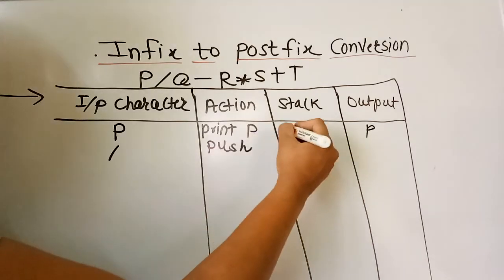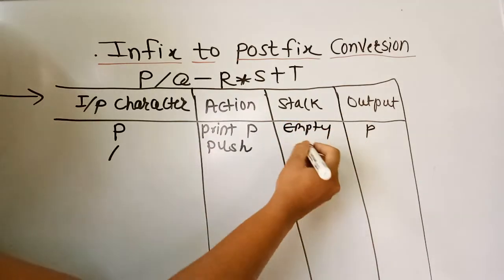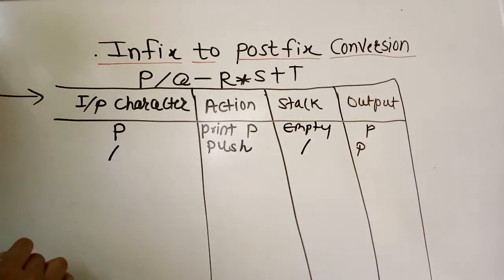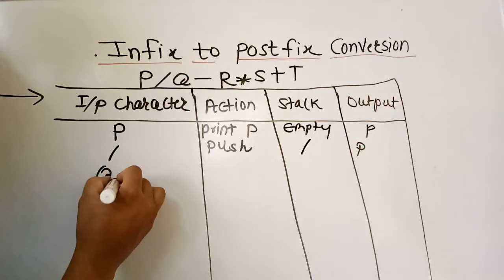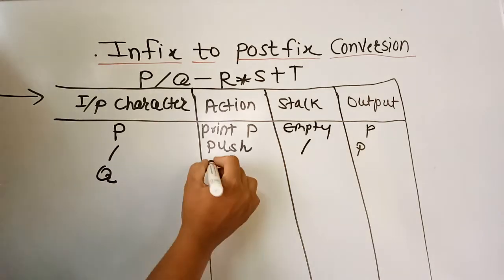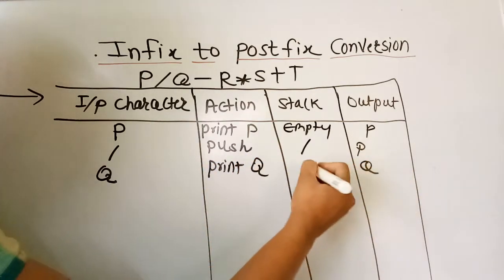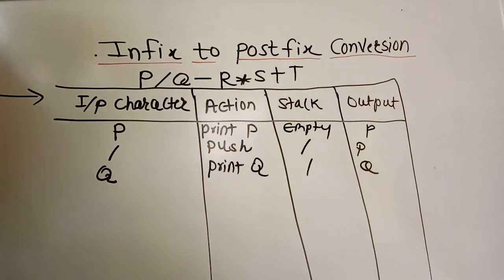We know that operators have their place in the stack, so it will be the push action. It will be pushed onto the stack. Output contains only P. Now what is next? It is the Q character. It is again an operand, so print the Q. The stack holds divide. Now we take minus.